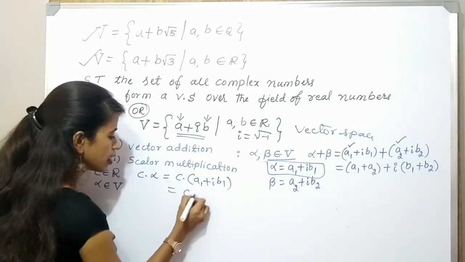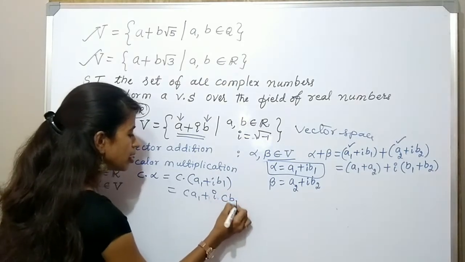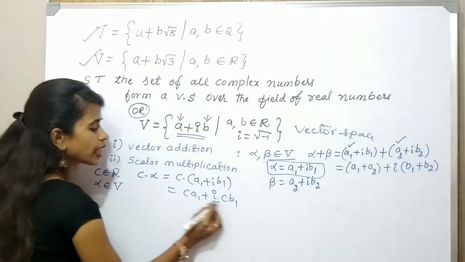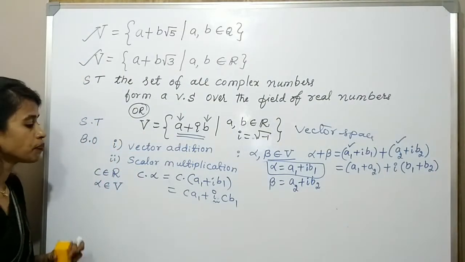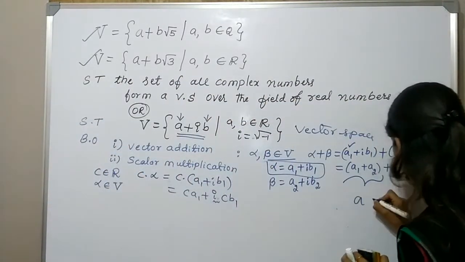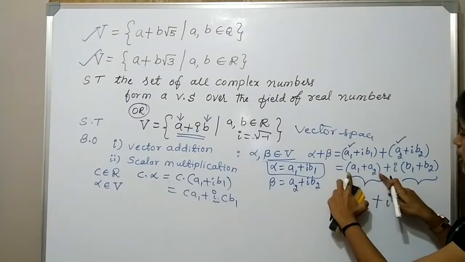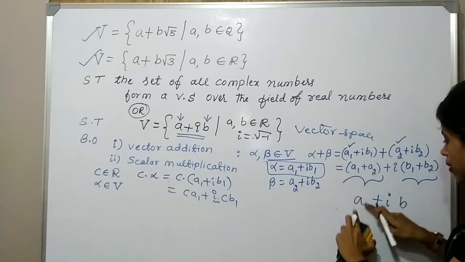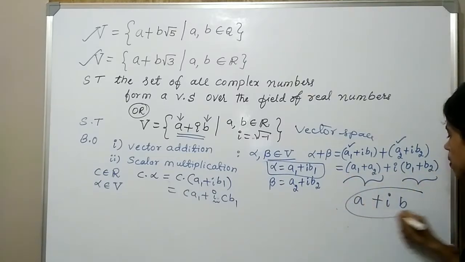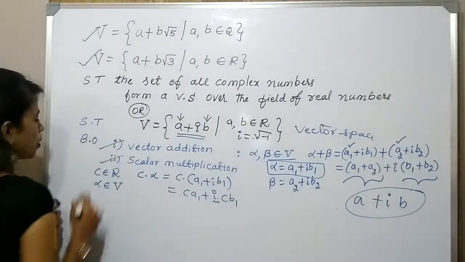Then this becomes c a1 plus i into c b1. So c a1 plus i into c b1. This must be in the form of a plus i into b. If in place of a1 plus a2 I take a, and in place of b1 plus b2 I take b, then it becomes the form a plus ib. Therefore, it clearly belongs to V. So these are the two binary operations.